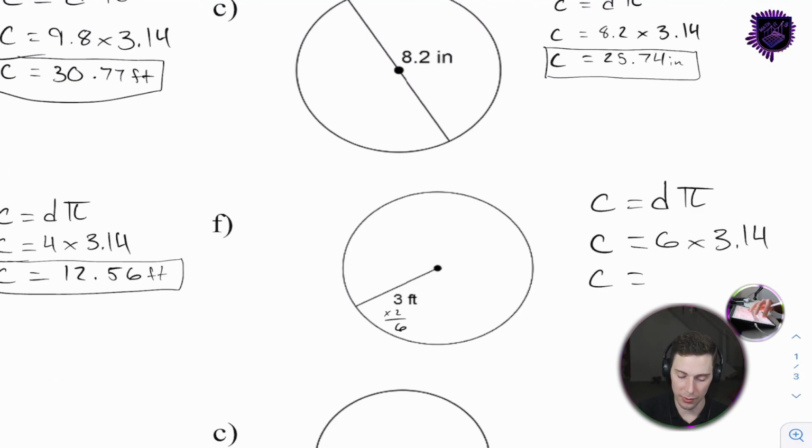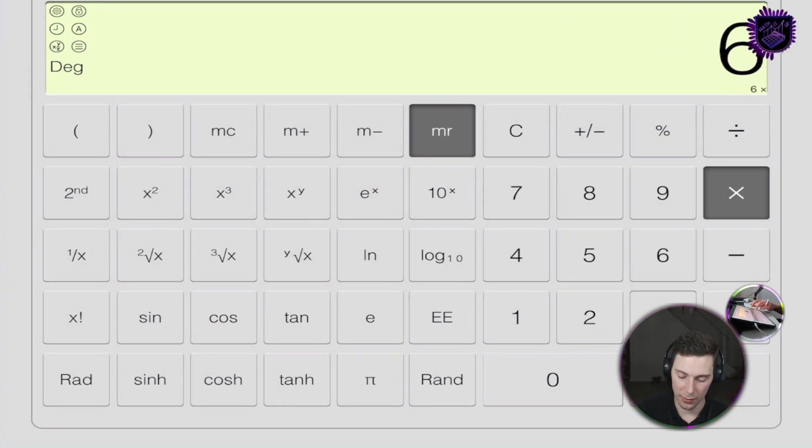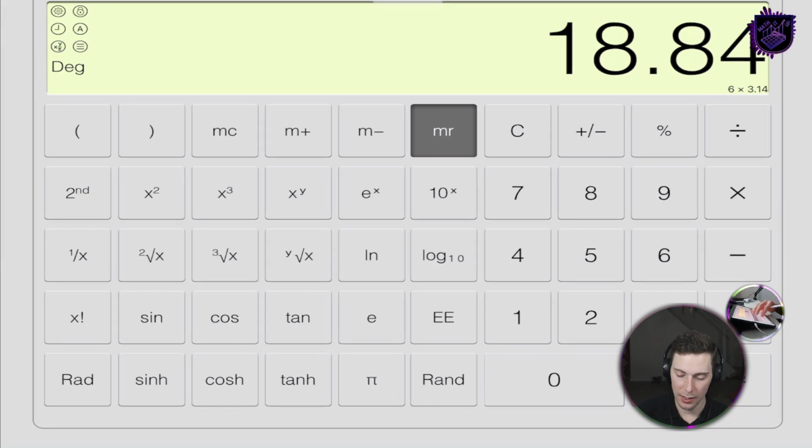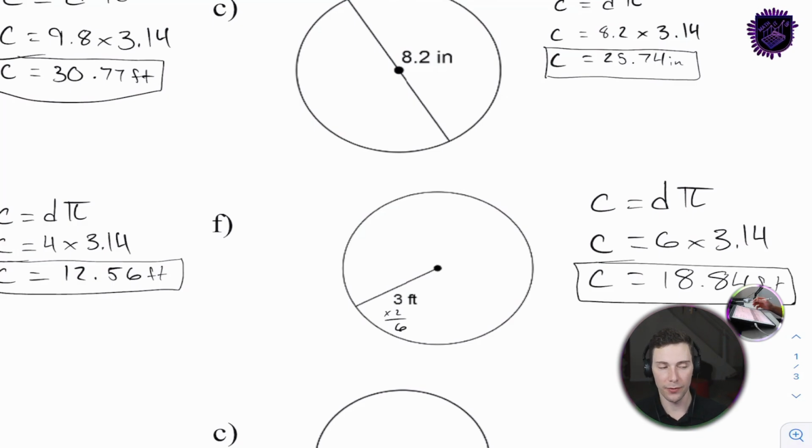Circumference is 18.84 feet. All right, we're off to a good start here.